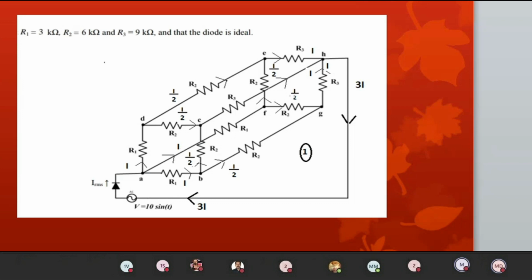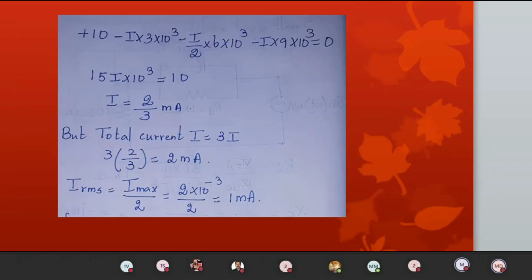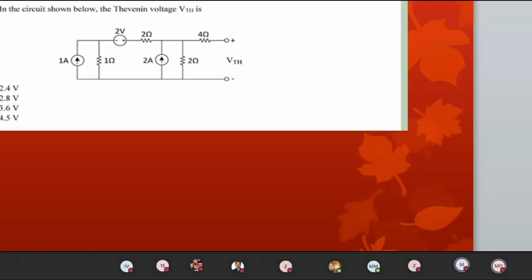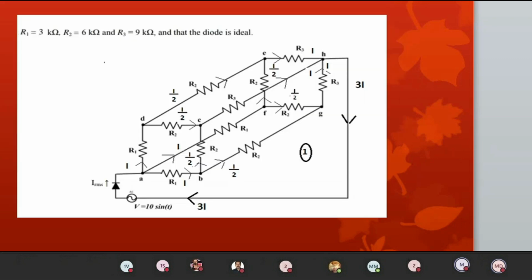So don't forget, it is not 2 milliamps. The 2 milliamp current is nothing but the maximum current. So for RMS current you have to divide by 2, that is nothing but 1 milliamp. Are you able to understand? Please don't think too much about a problem.